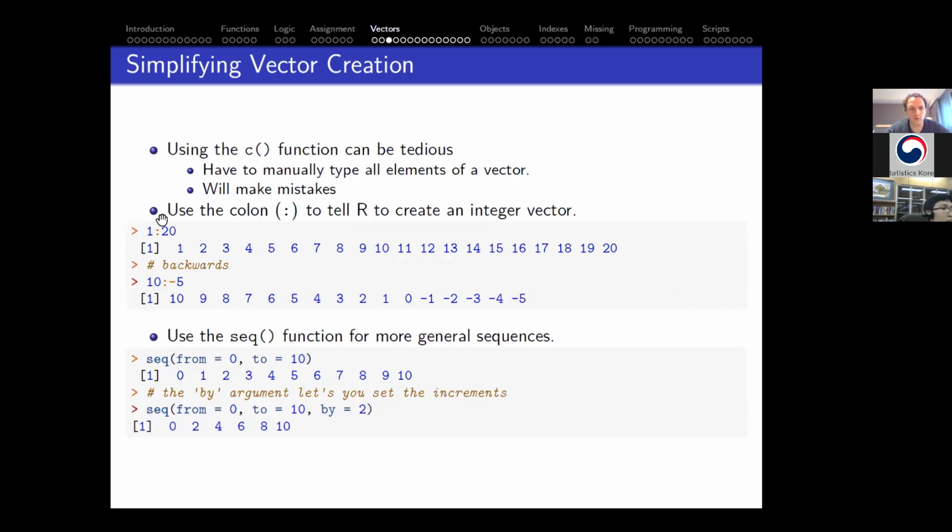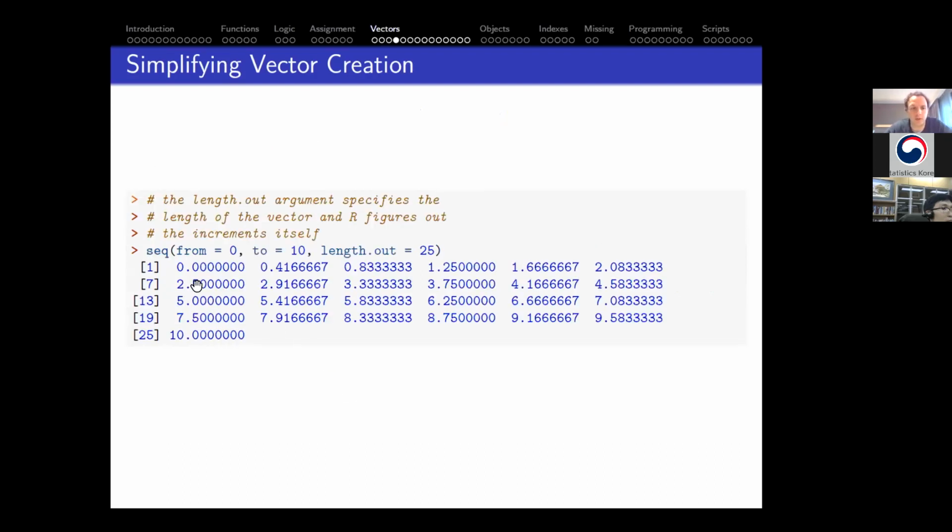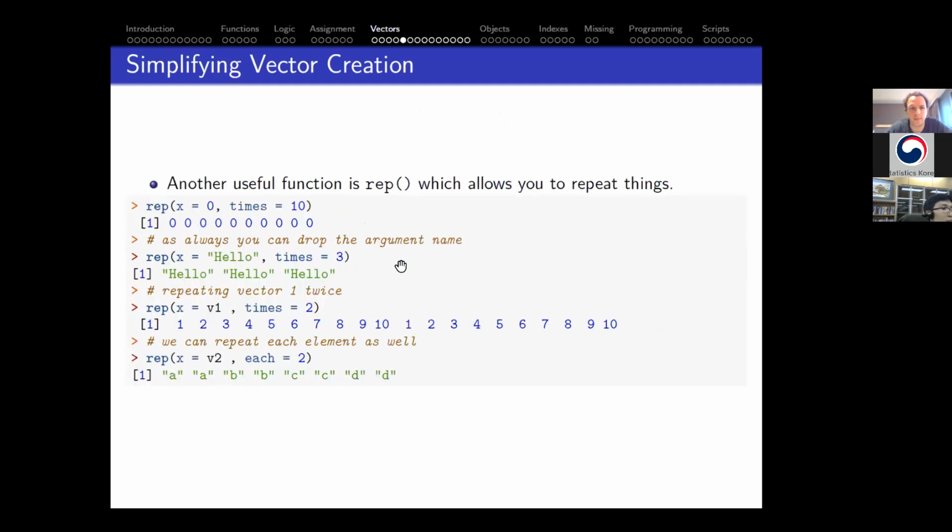And here we're using the colon or the sequence function to create longer vectors without having to type out all the individual components, and the sequence function with the length out argument. And finally the repeat function, where we see the difference between times and each. The each argument goes through and repeats each of the elements individually.